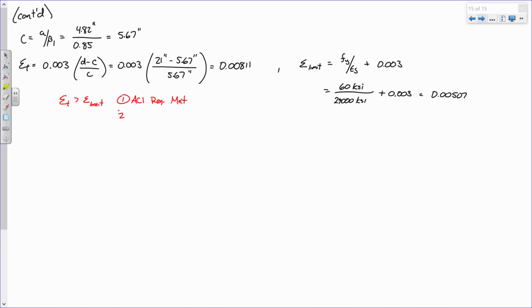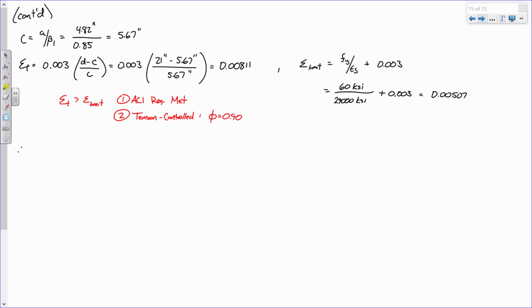What does it also mean? Tension controlled member. Yeah, and if it's tension controlled, that means something else. Phi equals 0.9. There you go. Boom. Phi is 0.9.